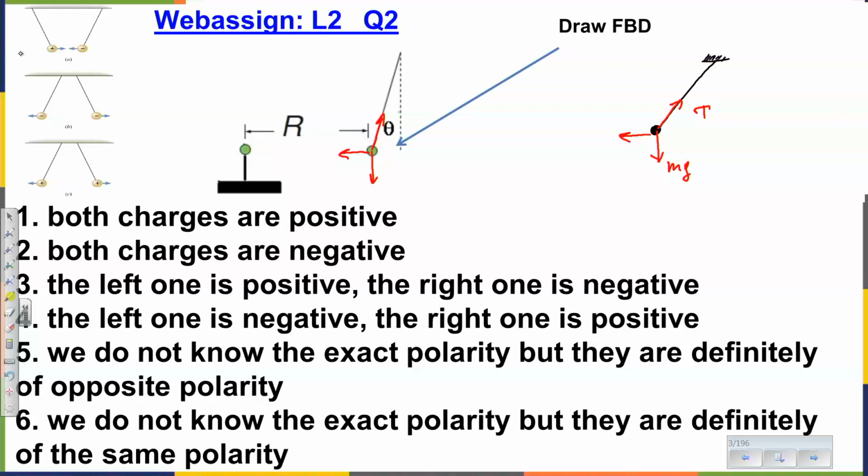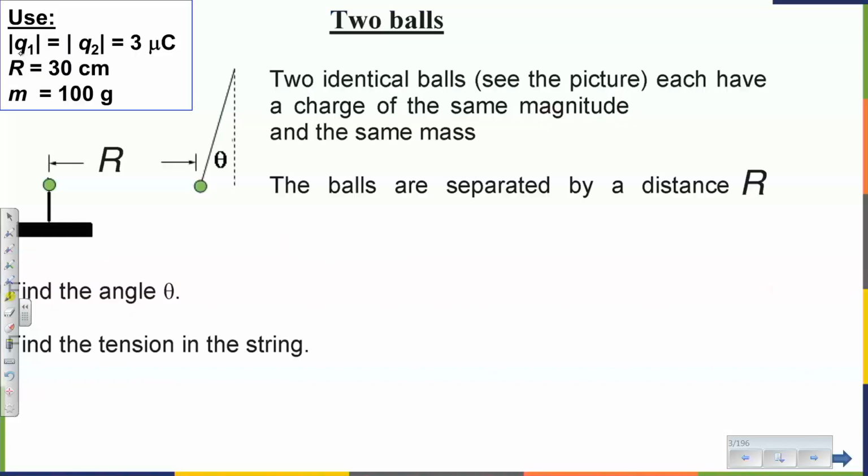Does it mean that the ball on the right repels the ball on the left? They attract each other. So, unfortunately, we don't know if the ball on the left is negative or positive. And we don't know if the ball on the right is negative or positive because there is no information about that. So all we can say is they have to be opposite.